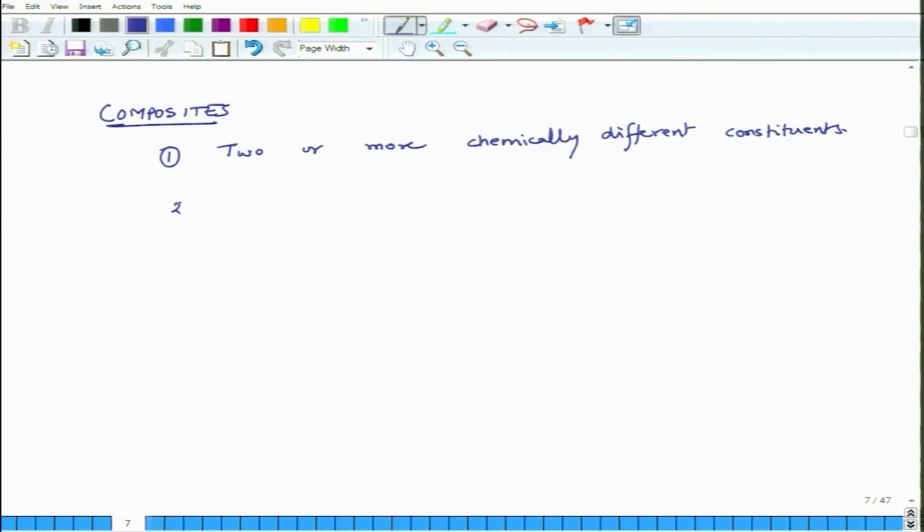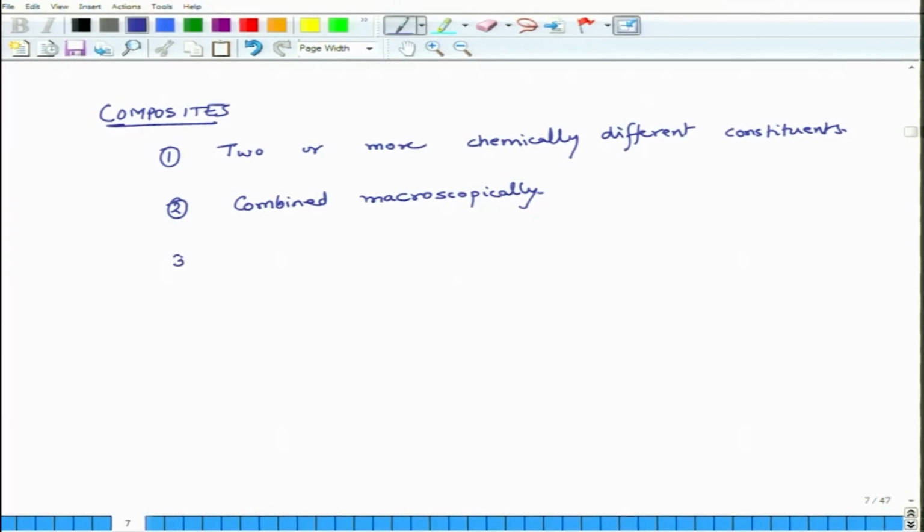Second thing is they should be combined macroscopically. You do not have to combine them at a microscopic level. If they are combined at microscopic level, we do not call them composites, because their mechanics will be developed in some other ways.